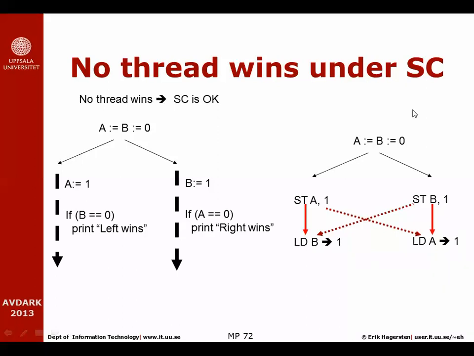So what does that mean? That means that these stores will probably perform pretty much at the same time. And they were so tight in time that this store was observed by this load. So this load over here returned 1, and this store here snuck in, and it managed to be observed by this load over here. So it also returns 1.